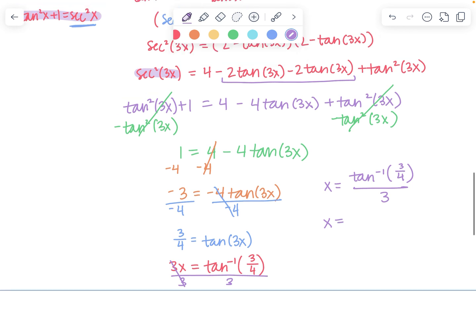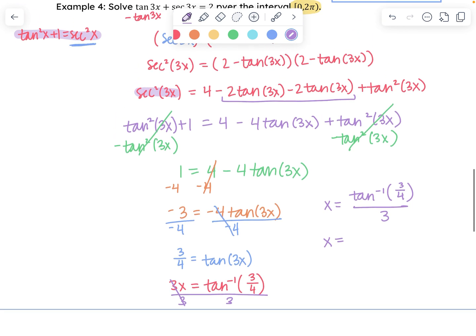So make sure you're in radian mode. So if I'm in radian mode, I'm going to plug it in, inverse tangent of 3/4 over 3. And when I plug that in, I get 0.2145. I'm going to round to 4 decimal places for right now.